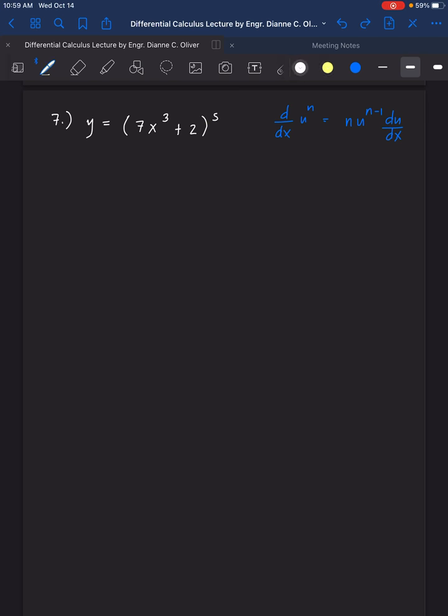Okay. So dy over dx equals, so let's copy the base, 7x raised to 3 plus 2. Bring down the exponent, 5. Minus 1 from the exponent, 5 minus 1.